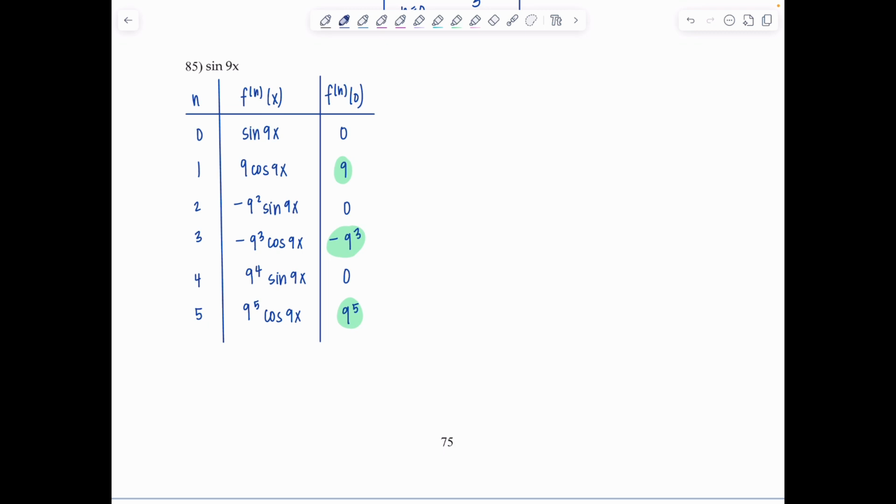So let's start writing out f of x equals, well, this one's 0. So now this is for n equals 1. I have 9 times x to the 1st over 1 factorial. Then skipping this guy, now for n equals 3, I have minus 9 cubed.